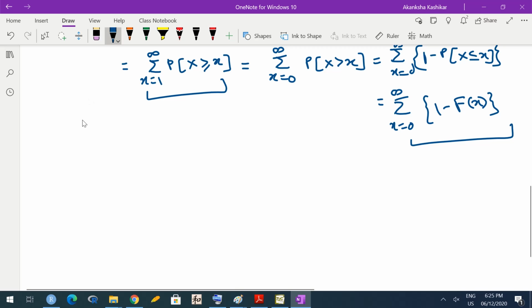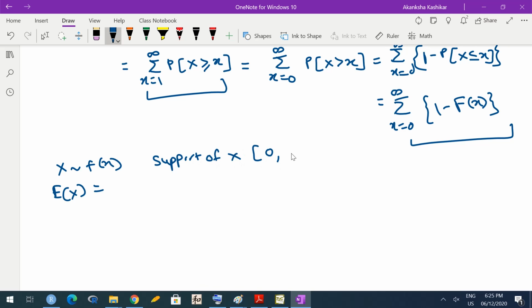So we should get something equivalent. Let me assume X is a continuous random variable with some PDF and the support of X is non-negative, so let it be 0 to infinity.